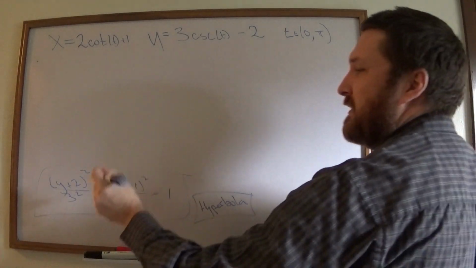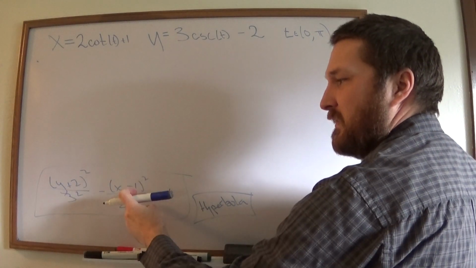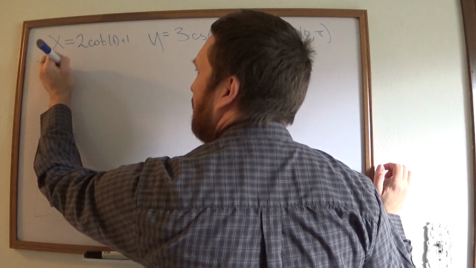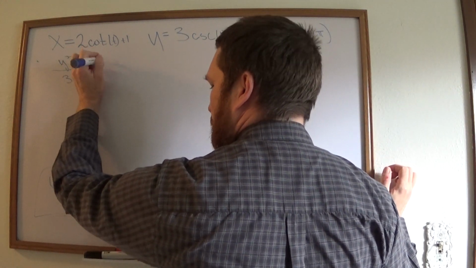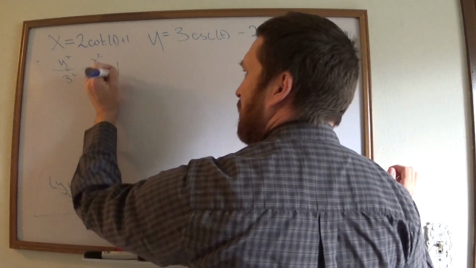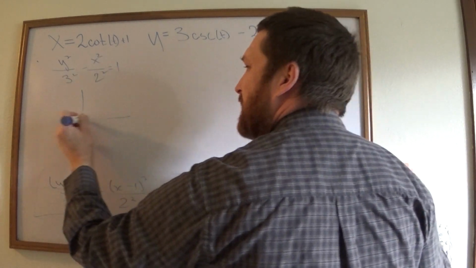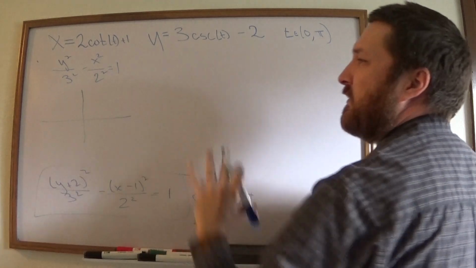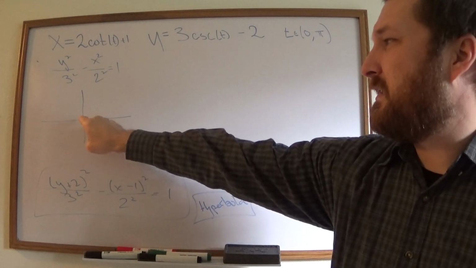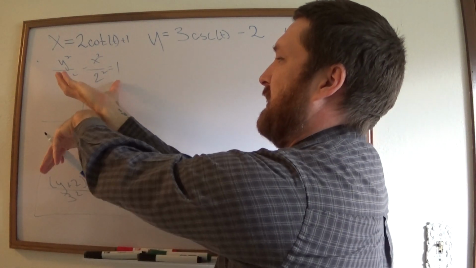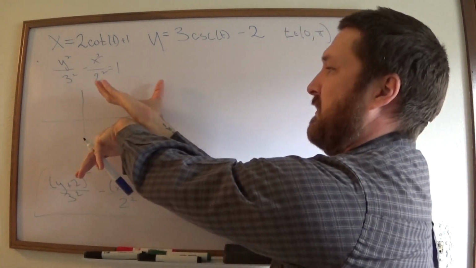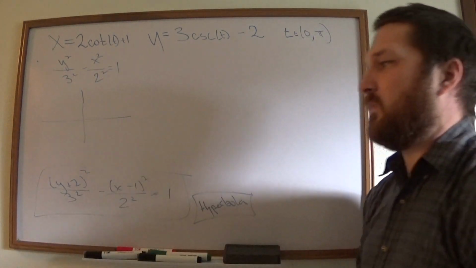First thing I would do is pretend that it hasn't been shifted. So I'm going to graph the hyperbola y squared over 3 squared minus x squared over 2 squared equals 1. And then I'm going to take whatever it is and shift it. So we know that in this case the center is right here. And so it's either going to open like this or like this. And then I'll shift it whichever way afterwards.